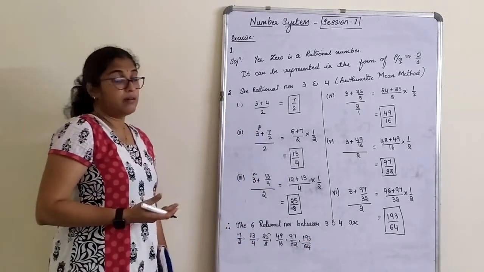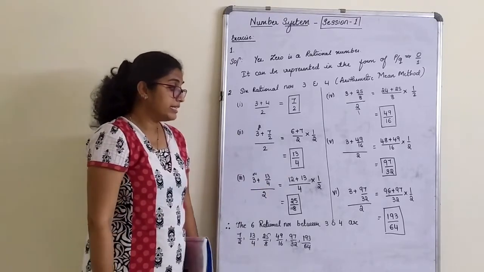If they ask any more numbers, again 3 plus 193 by 64.